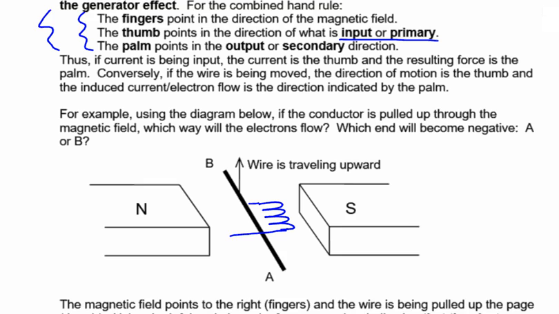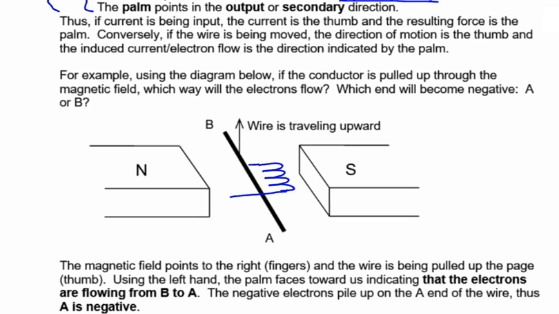So in this case, the input is actually us pulling the wire upward. That's a crazy thumb, but I want you to see how it's pointing upward, right? It's the one going in the same direction as the pulling of the wire upward, right? So it goes down, and then your palm is going to be the output. So in this case, your palm is going to be the current flowing through the wire, right?